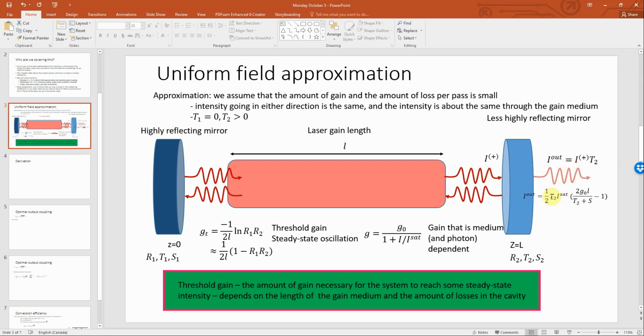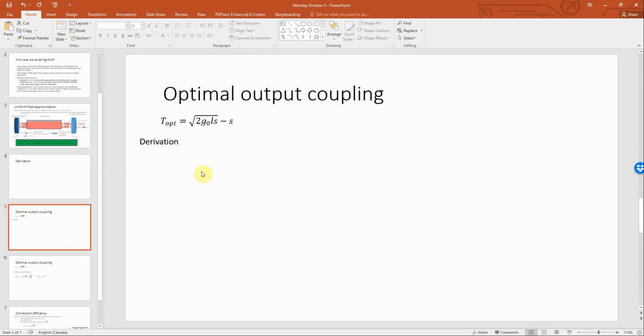But we'll be going through this derivation and show that this is 1/2 T2, the transmission coefficient of this mirror, times the saturation intensity that we've already seen here, times 2 G naught L, so that's the gain times this laser gain length, over this transmission plus the scattering coefficient, minus 1. So we'll be going through that derivation here, and we'll be understanding this optimal output coupling.